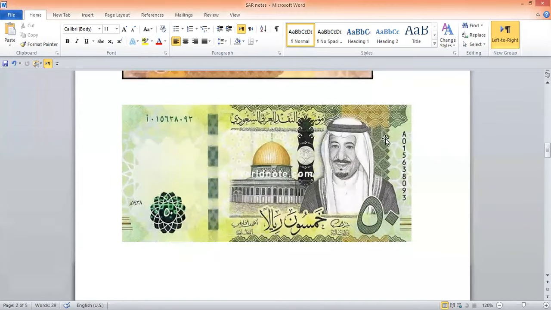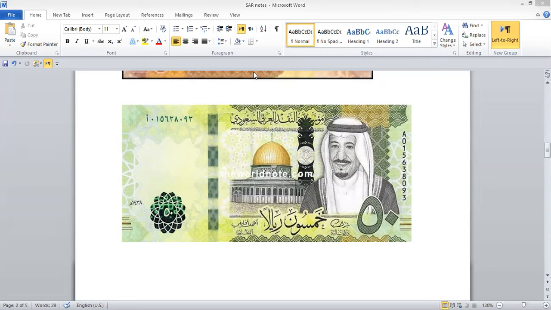This currency note. Can you identify this currency note, guys? Yes. This is the currency note of 50 real. It's written here 50.